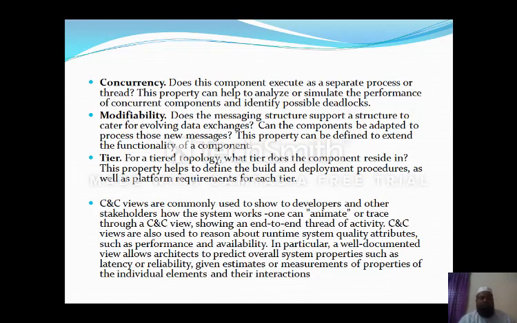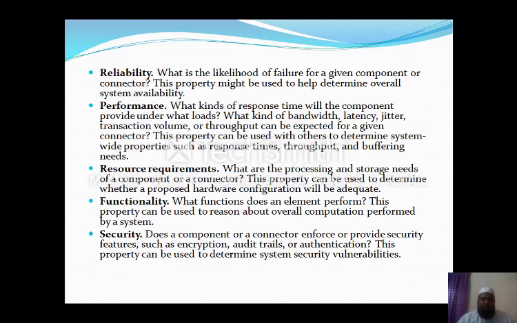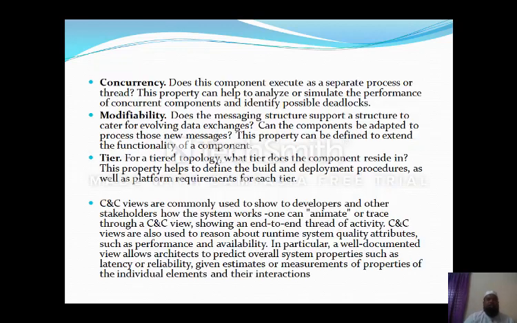Okay, so these are the various component connector views. These are the various properties: reliability, performance, resource requirements, functionality, security, concurrency, modifiability and tiers. Component and connector views are commonly used to show developers and other stakeholders how the system works. One can animate or trace through a component and connector view, showing an end-to-end thread of activity.